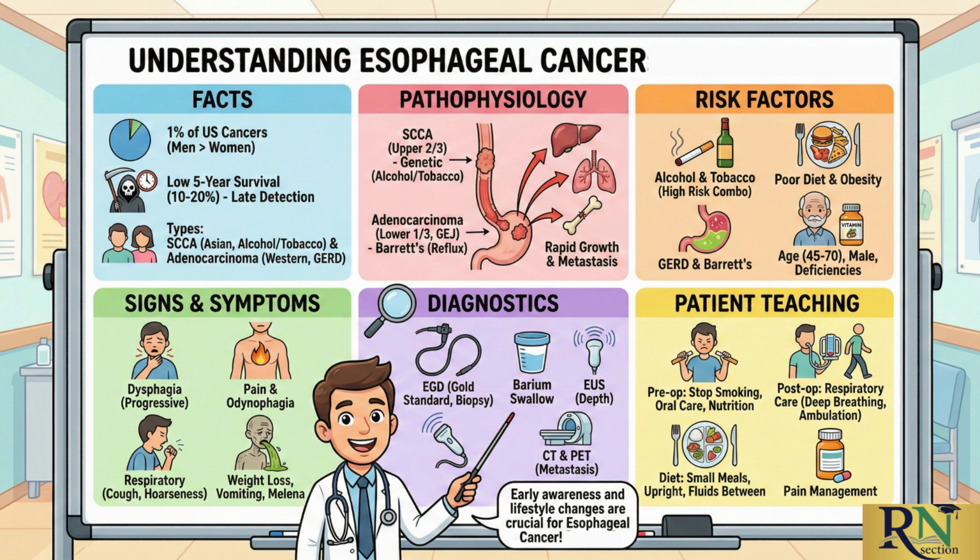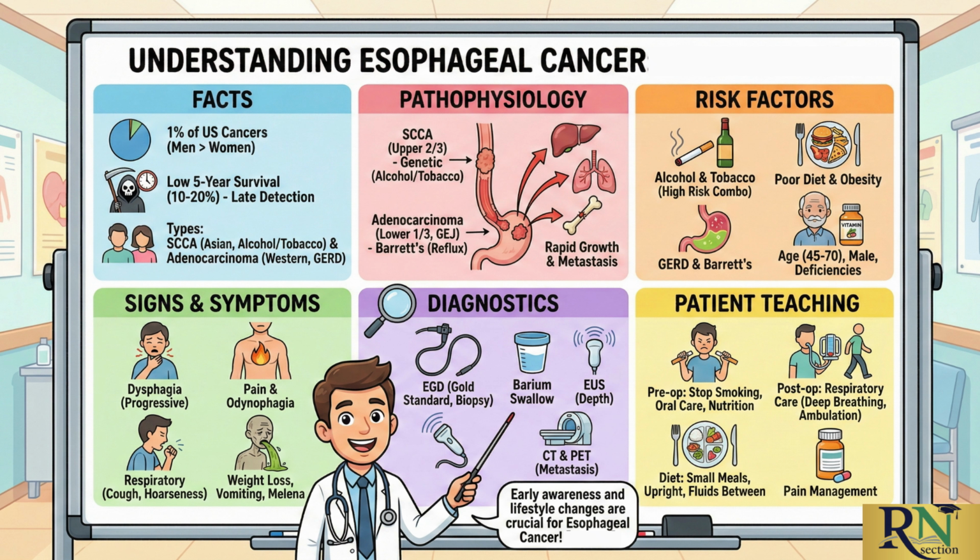We have the esophagogastroduodenoscopy, the gold standard for the diagnostics, which allows for biopsy of tissue. The barium swallow, often the first test done, identifies irregularities in the esophageal wall surface. The endoscopic ultrasonography uses a probe to see how deeply the cancer affects the tissue and lymph nodes.